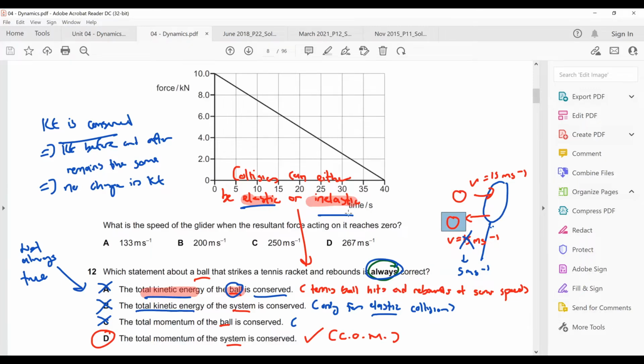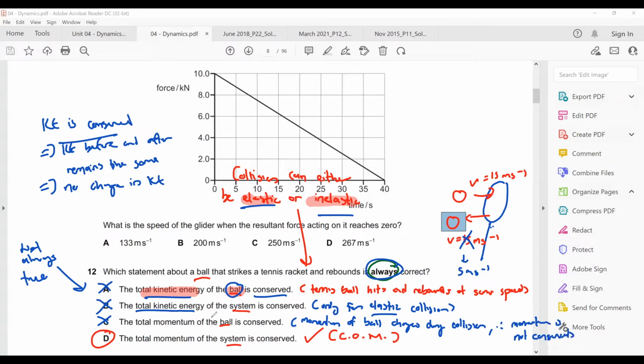So if the momentum can change, that means momentum is not conserved. So here, total momentum of the ball is conserved. You can say the momentum of the ball changes during collision. Therefore, momentum is not conserved.